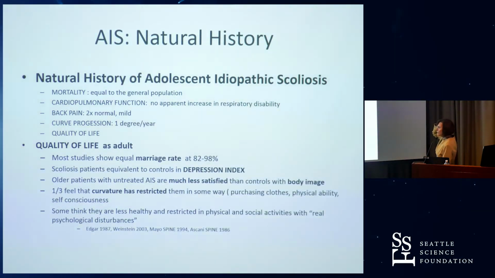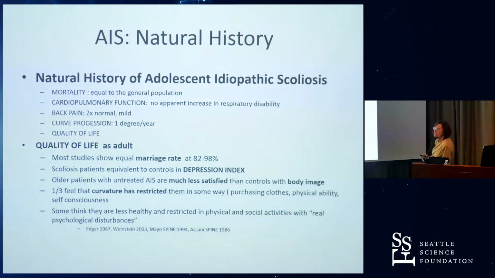This data is a little bit harder to know, but there were studies trying to get at quality of life and how the patient feels about their curvature. Several of the studies looked at marriage rate, which I guess, but marriage rate seemed equivalent for those with and without scoliosis.